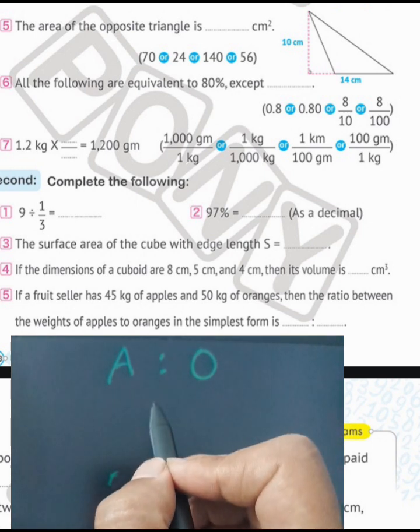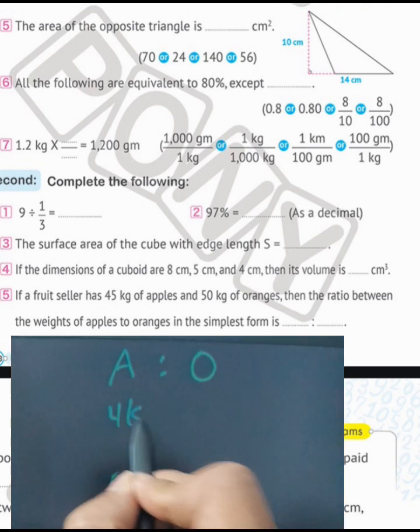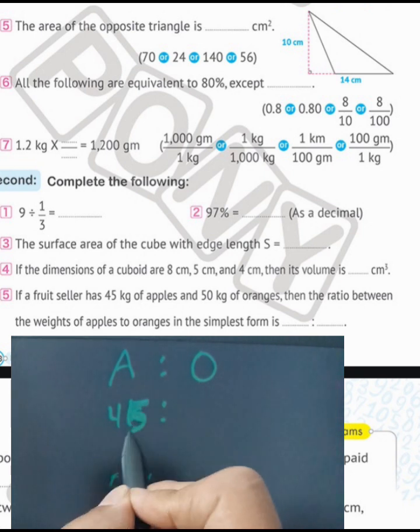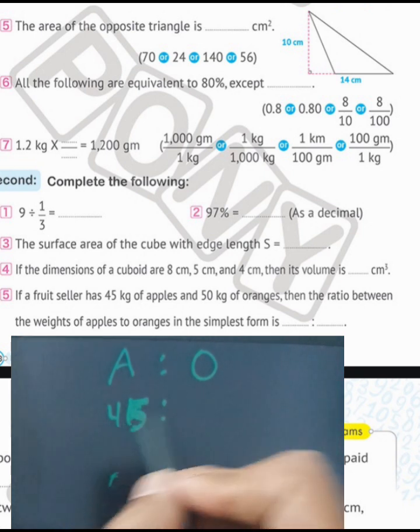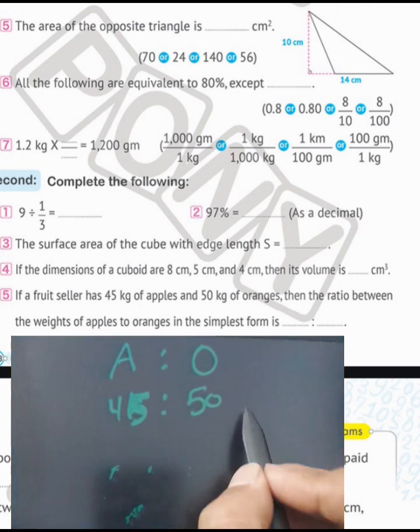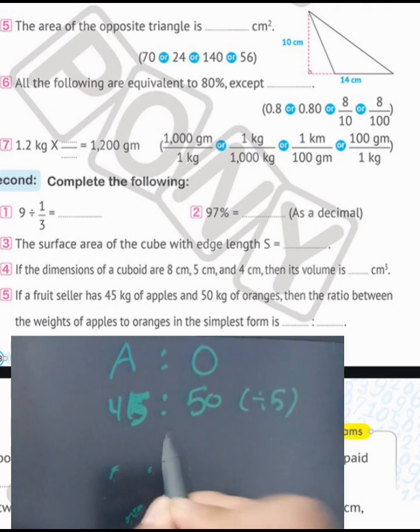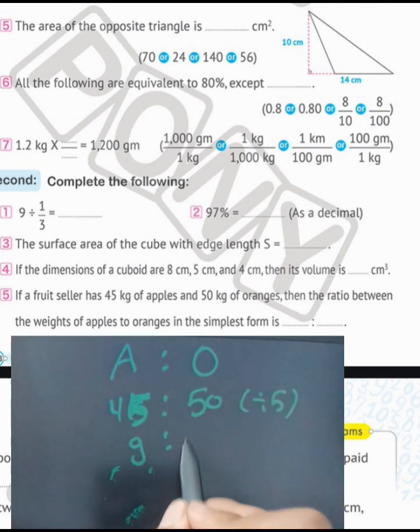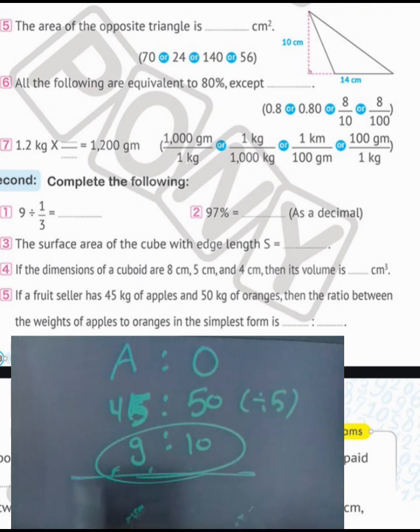We have 45 kilograms of apples and 50 kilograms of oranges. We can simplify by dividing by 5 because 5 is a common factor of the two numbers. 45 divided by 5 equals 9 and 50 divided by 5 equals 10. Then the ratio in the simplest form is 9 to 10.